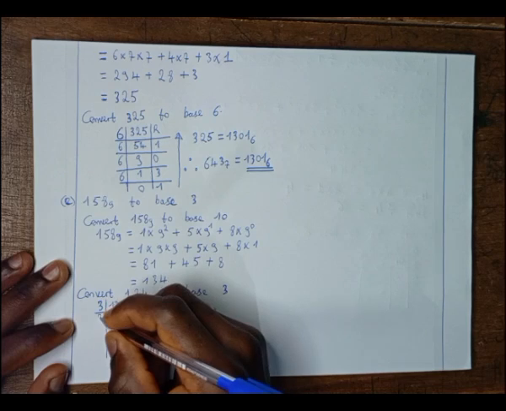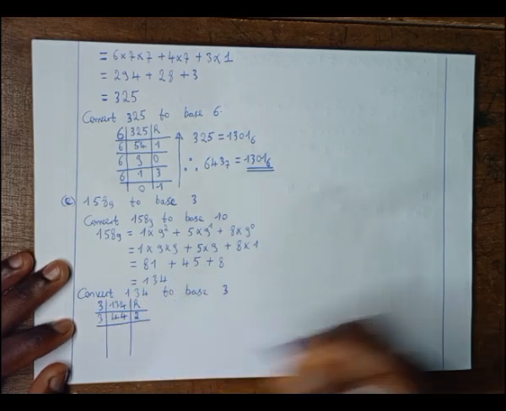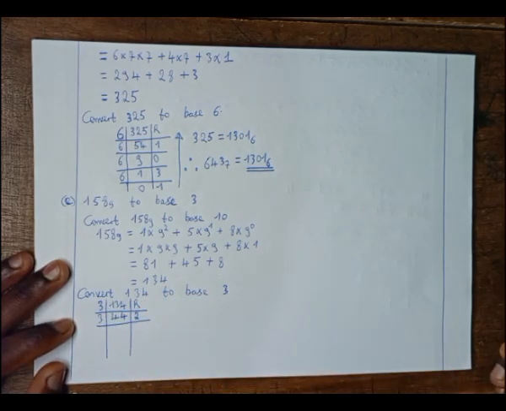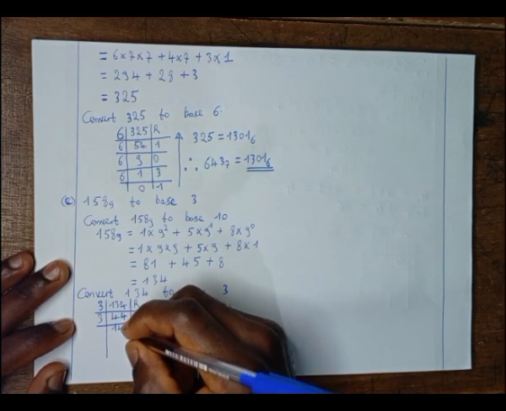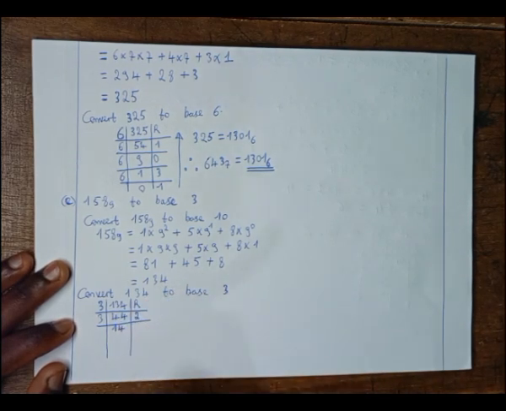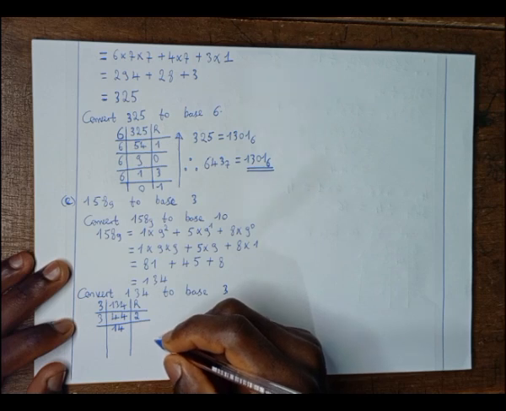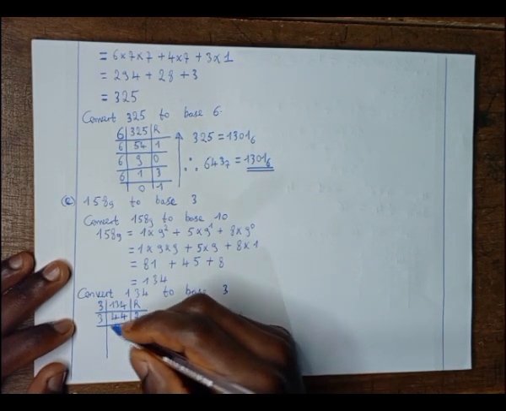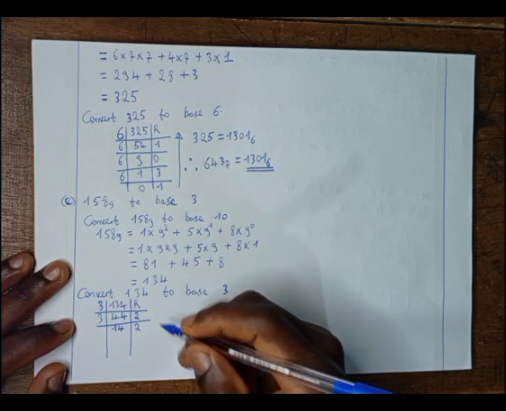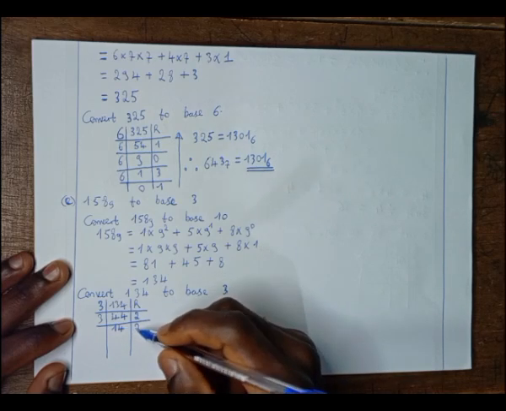We bring down 3. 44 divided by 3 gives us a whole number part of 14 and a remainder of 2. We know 14 times 3 gives us 42. 44 minus 42 gives us 2.